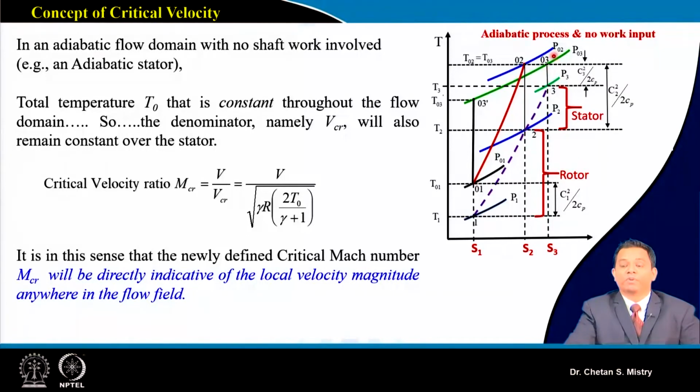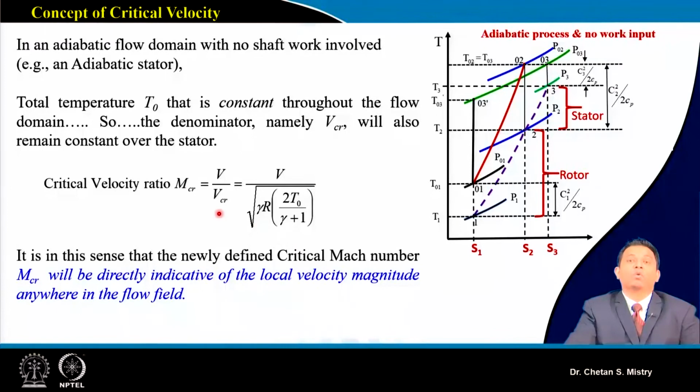We have assumed that process to be adiabatic with no work input. Because of friction, my total pressure is going to reduce, represented by P02 and P03. This will be helpful for us in order to calculate our critical Mach number.